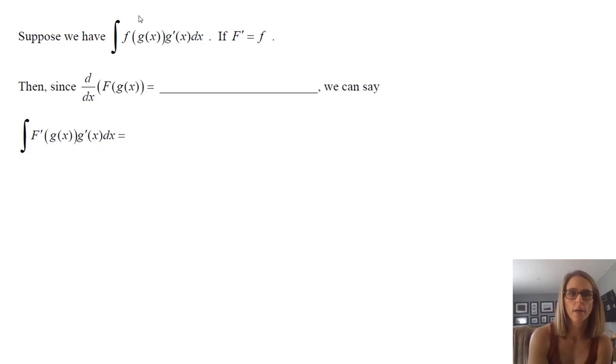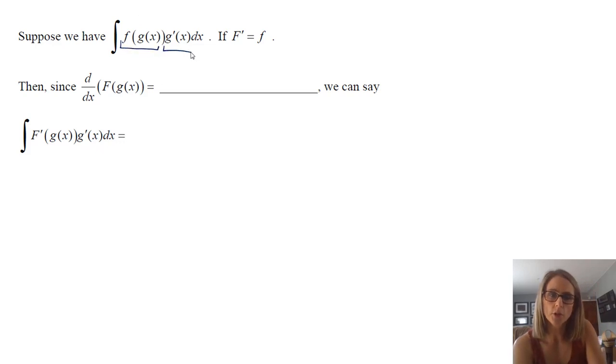All right, last thing. Notice what's happening in here is a chain rule. So you're basically being told, hey, you've got a function inside a function, and then you have the derivative of that inside function. So that's basically saying I've got something that is the chain rule inside of an integral, and that the derivative of this big F is going to be this little f, which is this right here.